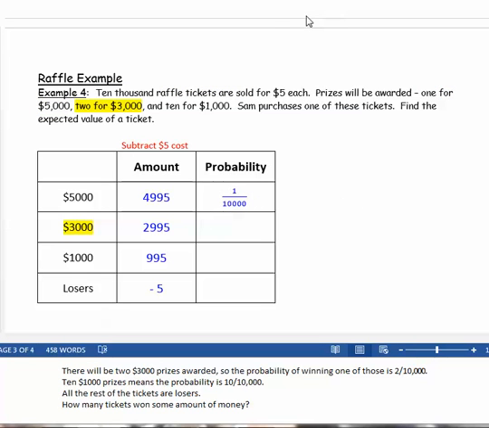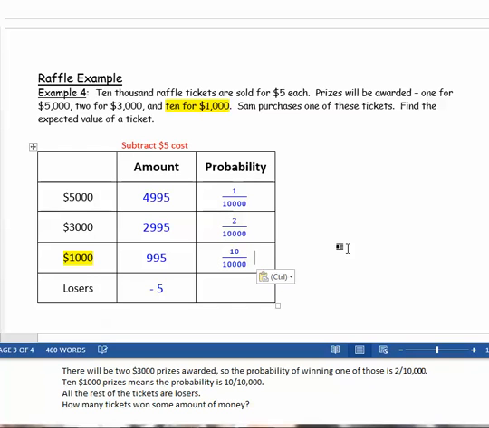There will be two $3,000 prizes awarded, so the probability of winning one of those is 2 out of 10,000. Ten $1,000 prizes means the probability is 10 out of 10,000.